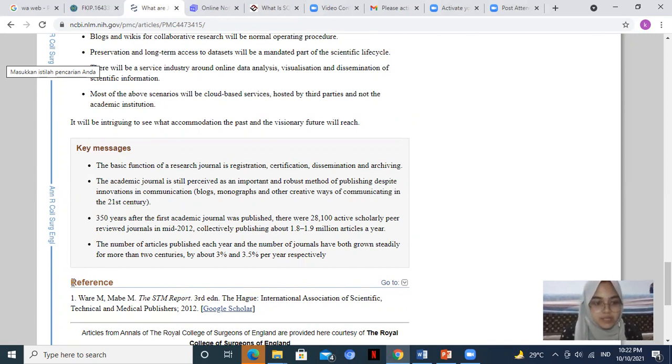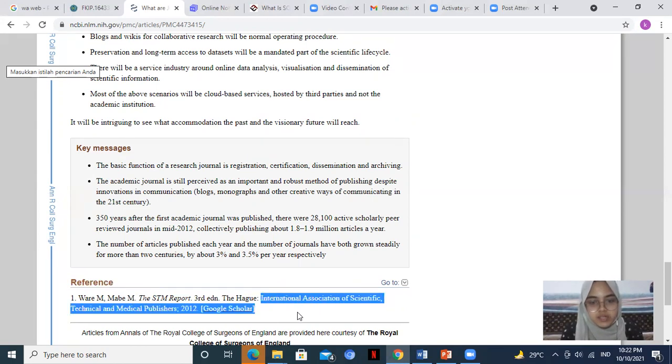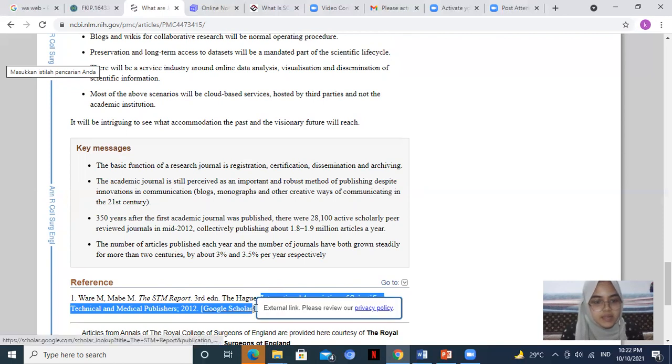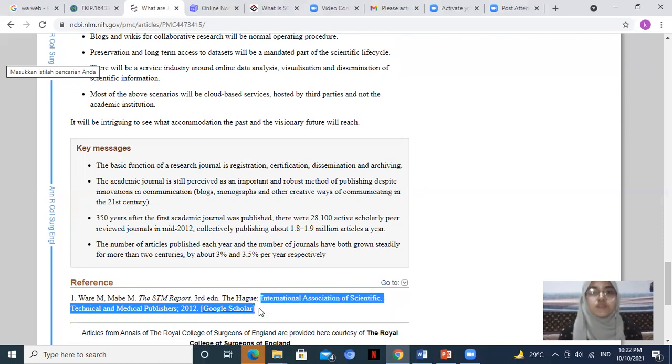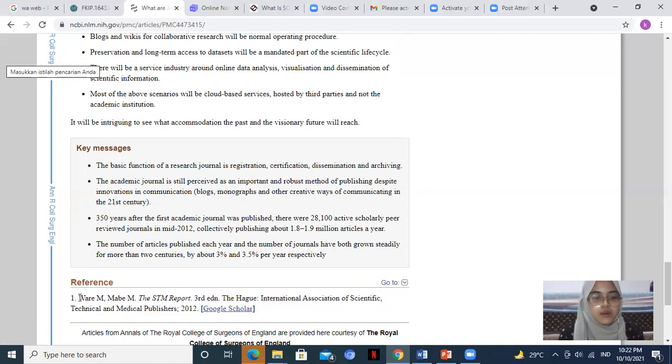Also, we don't forget the reference: the International Association of Scientific, Technical, and Medical Publishers, 2012, and the author is Ware and Mabe, the STM report, third edition.